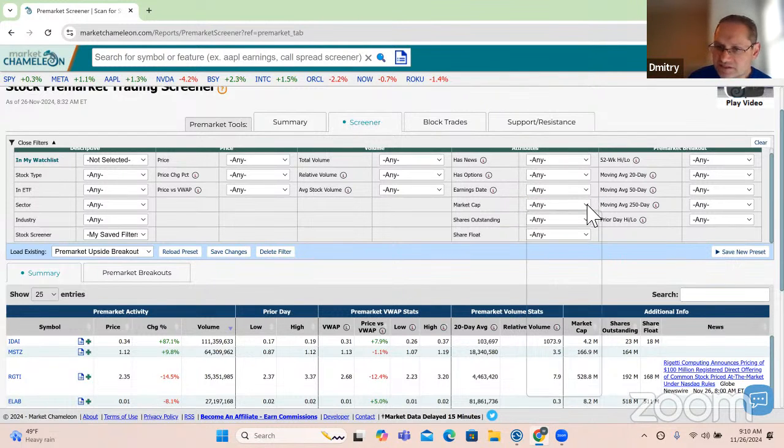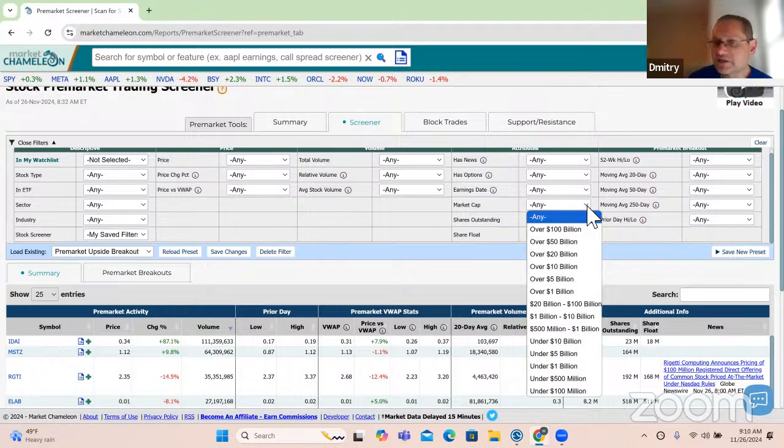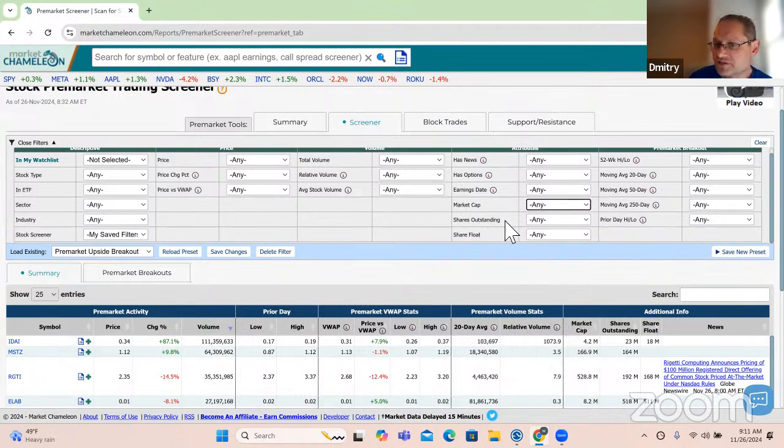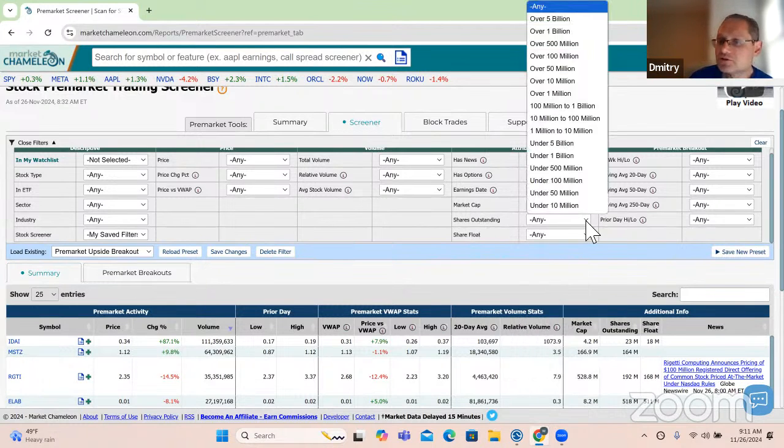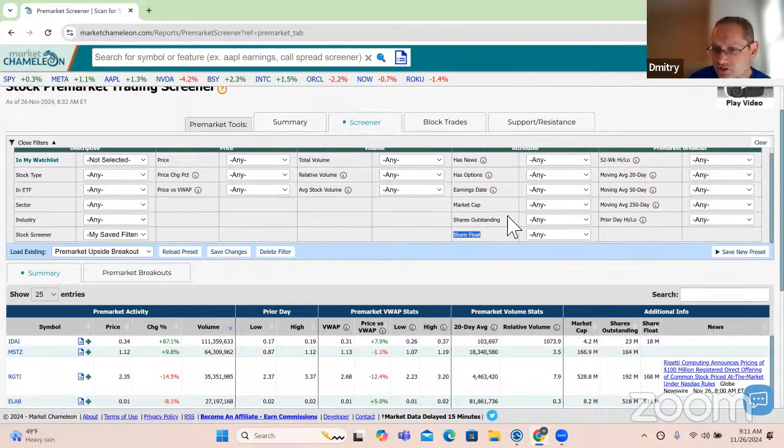Market cap, that's self-explanatory. If you're looking for high market cap or low market cap, shares outstanding, you could set a minimum or over a certain amount. Certain people look for very low float stocks, some people look for very high float. So you could use that over here. And same thing with the float. These are outstanding shares.